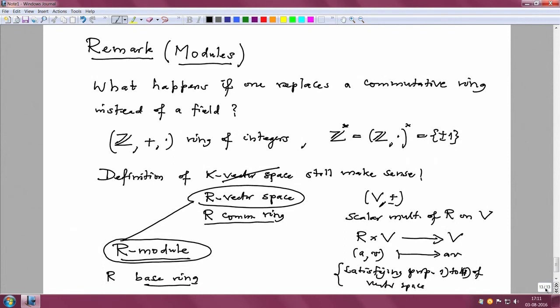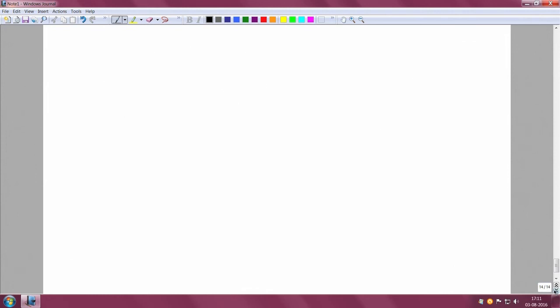Okay, so, the next one. Next, I want to introduce the concept of subspaces. See, so far we have sets and subsets.